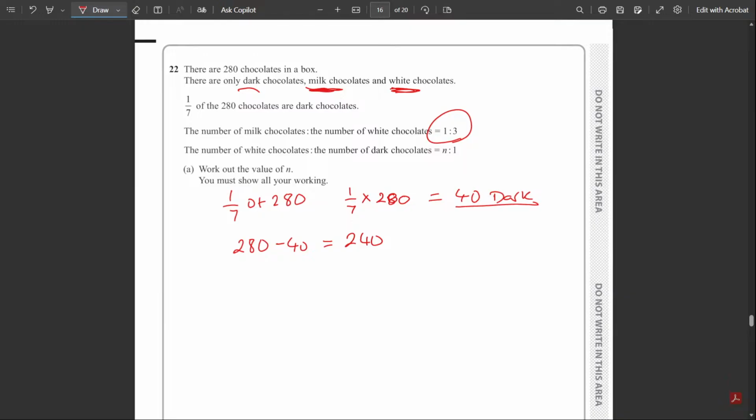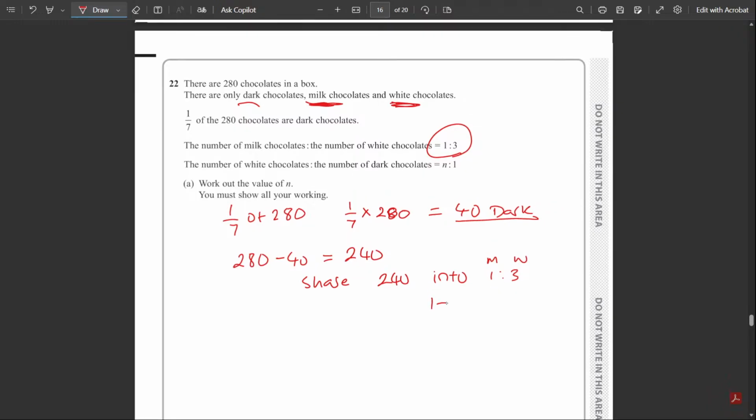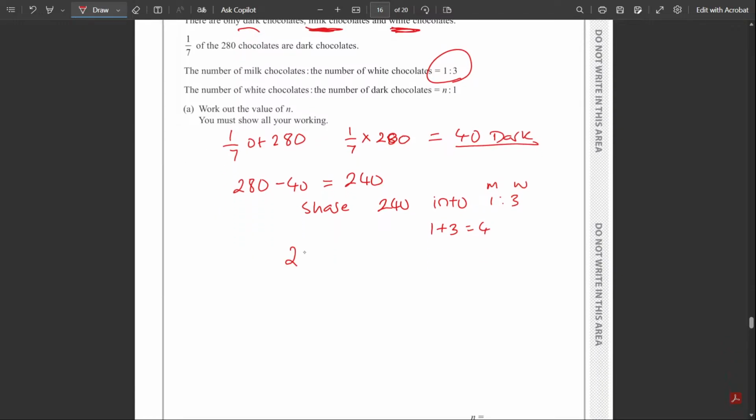So we share 240 into 1 to 3, milk and white. We add the ratio, 1 add 3, which is 4, and we divide 240 by 4, which gets you 60.